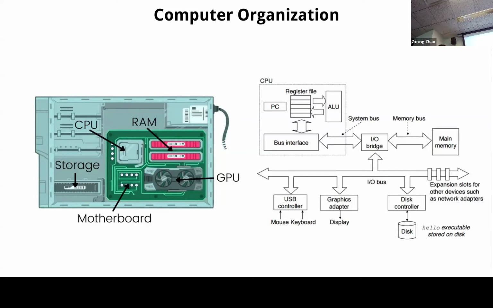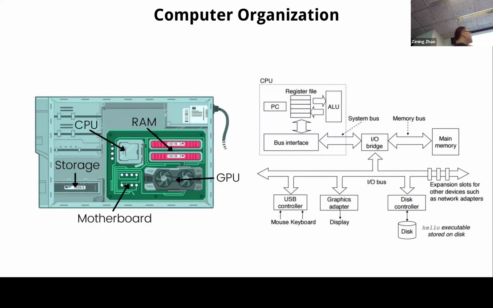They are all connected to something we call the motherboard. There are many slots on the motherboard where you plug in different components. And the motherboard has buses that link the components together, so different components can communicate and work together as a system.